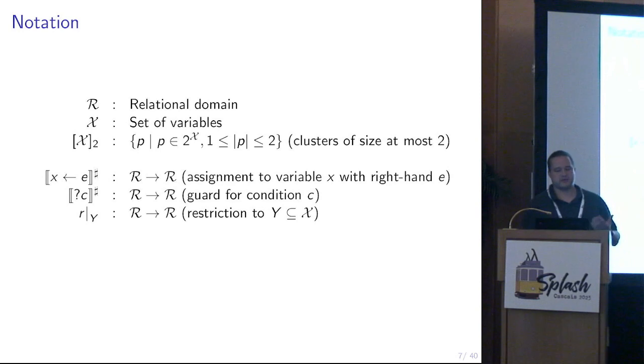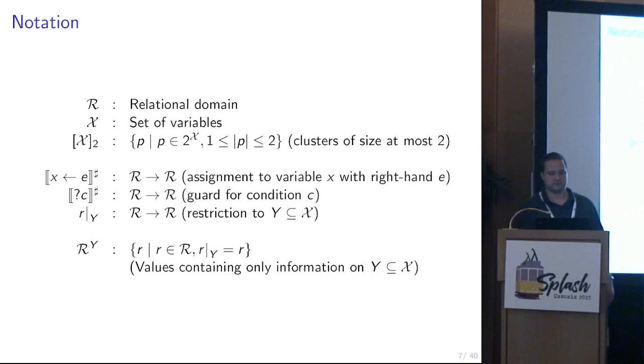Then we're going to be dealing with assignments later. We denote these like this, where we assign to a variable x some right-hand side e. Then we also deal with guards. This we denote by question mark c. And then last but not least, we also need to deal with an operation that we call the restriction. Basically this amounts to forgetting all of the information about the variables that are not in this Y.